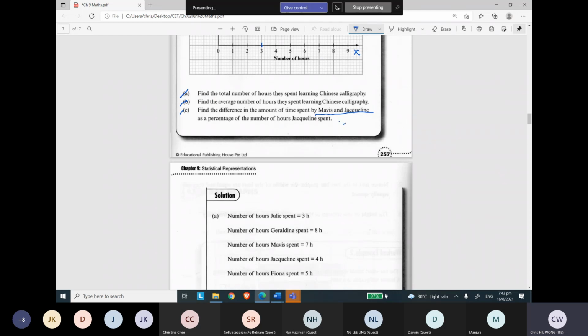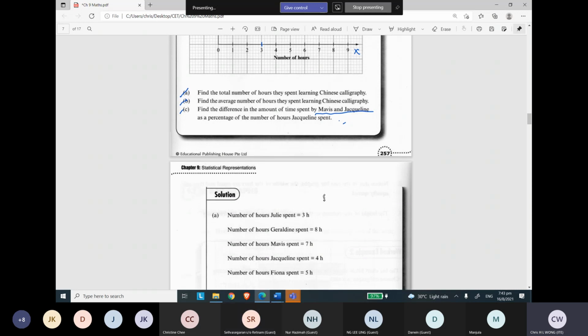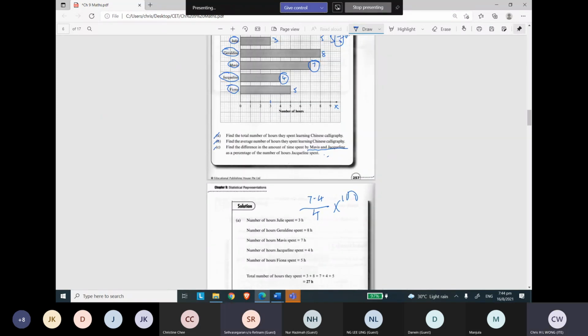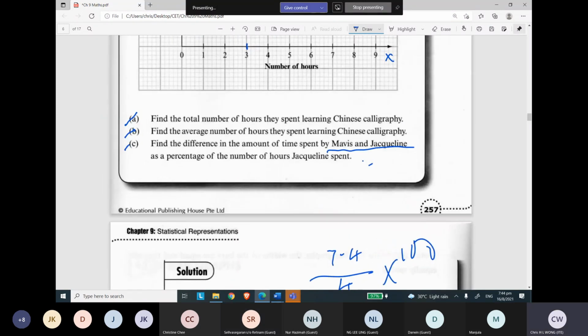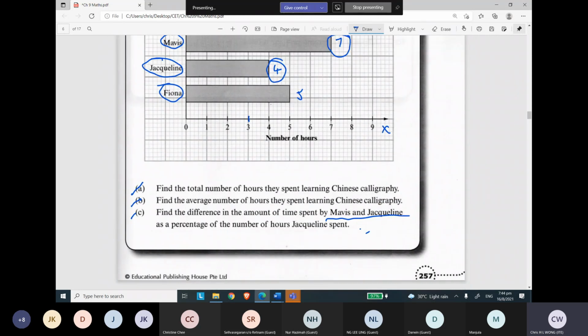That is the difference. Oh, cannot draw suddenly. 7 minus 4, divided by the number Jacqueline spent, and you have 100 because you need to change to a percentage. Okay, so they ask you a question like that. You just need to figure out exactly what they ask. So these are the questions they will ask, using a graph to ask you questions.